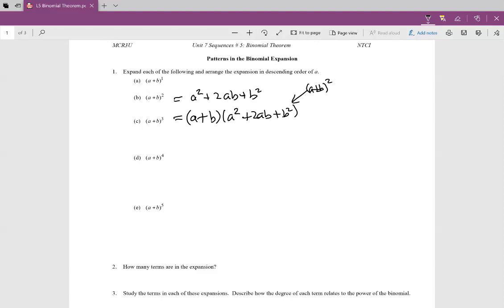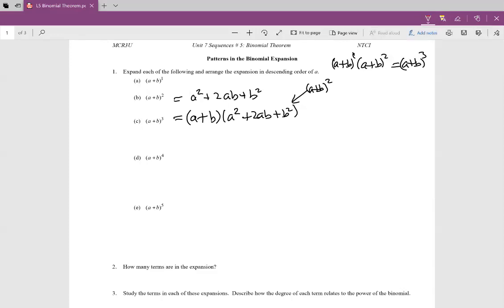One more time, as a refresher of your exponent rules, this base multiplied by this base, there's a 1 there, and you can add their exponents, and that's why it's a plus b all cubed.